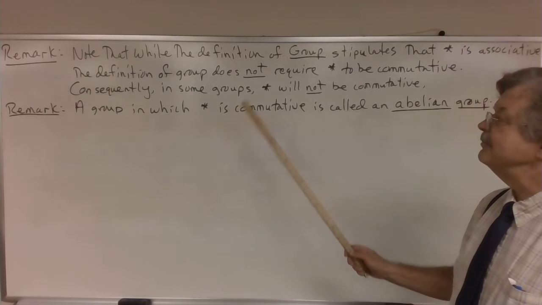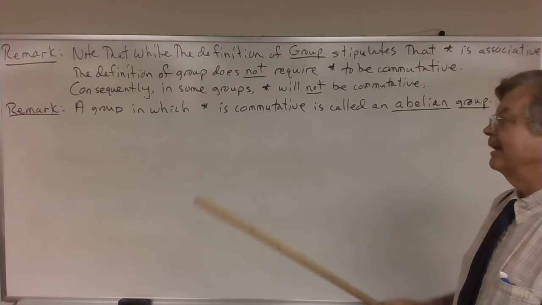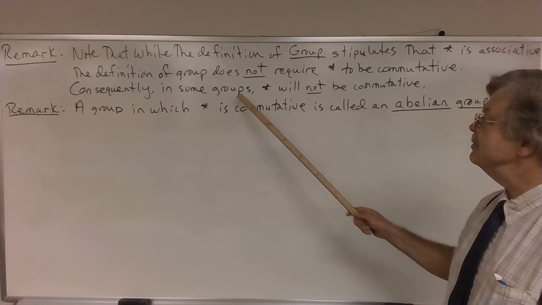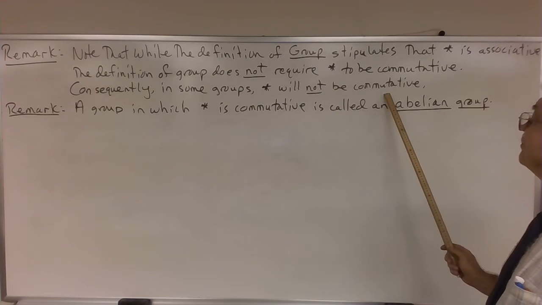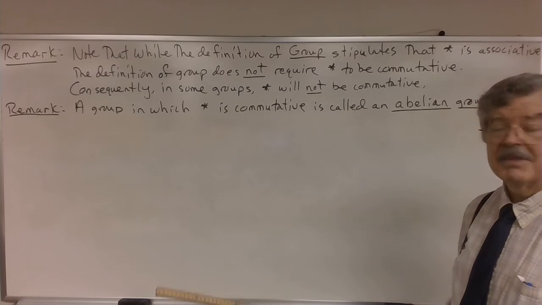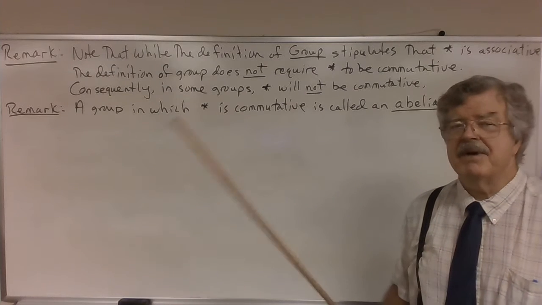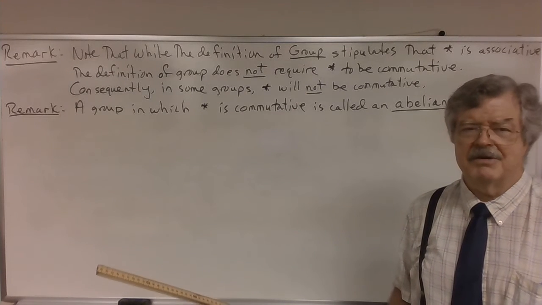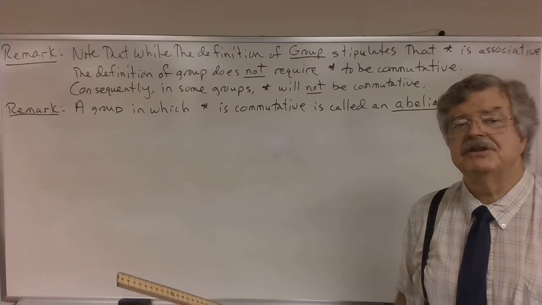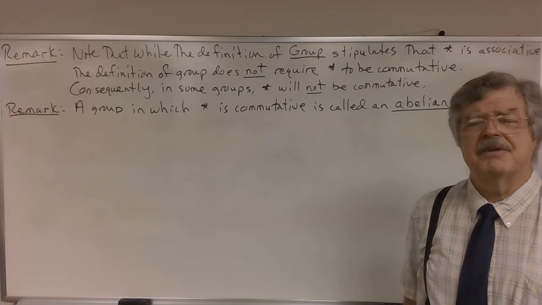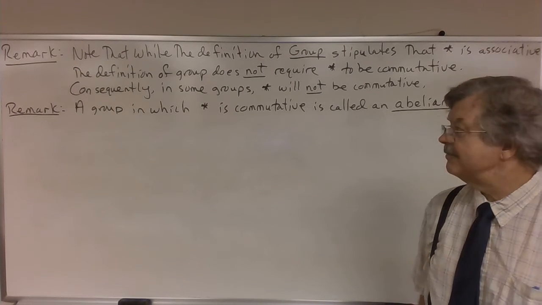Consequently, in some groups, star will not be commutative. So we have some groups where the binary operation is not commutative. It's always associative, but in some groups it may not be commutative.